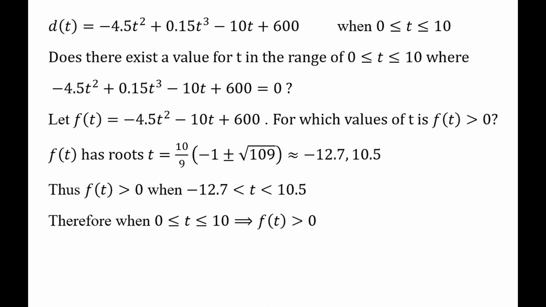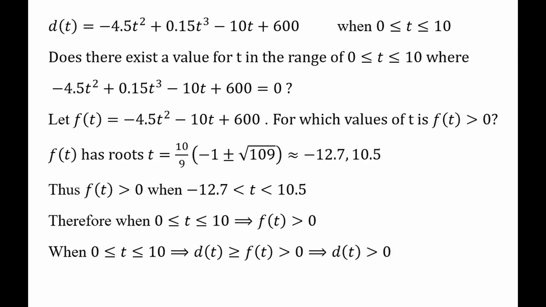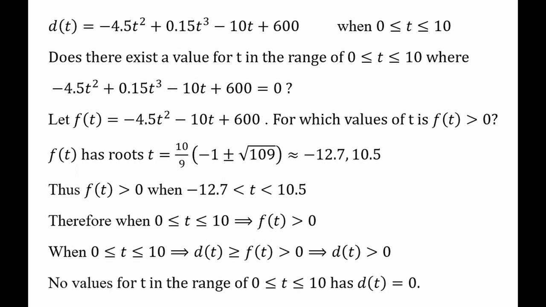Why is this relevant? Well, you will also notice that when t is between 0 and 10, d(t) is greater than or equal to f(t), which is greater than 0, as we already established. Therefore, d(t) is greater than 0. So no values of t in piece 1 will result in d(t) equaling 0.